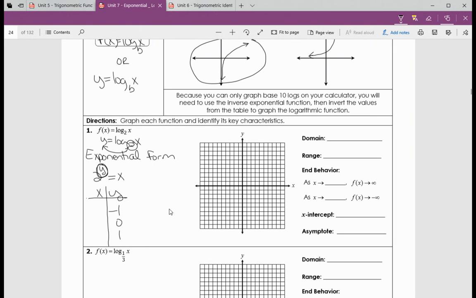So we're just going to do it backwards. We're not used to plugging y in and getting x out, but that's okay. We can do that. So I have 2 to the negative 1. If you recall, that's 1/2. 2 to the 0 power, which is always 1. And then, of course, 2 to the first power, which is 2.